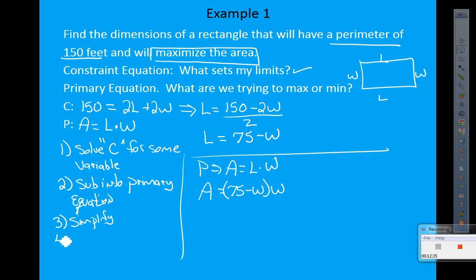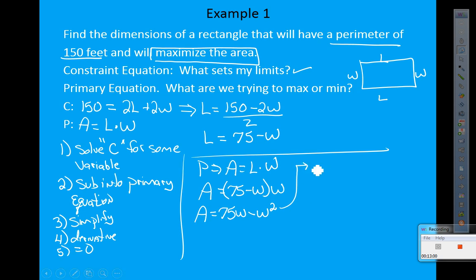Your fourth step is you're going to find the derivative, and you're going to set that equal to 0. That's going to give you the dimension that you want to work with. So here goes. I've now got area equals 75W minus W squared. I'm going to find the derivative of this and set it equal to 0.